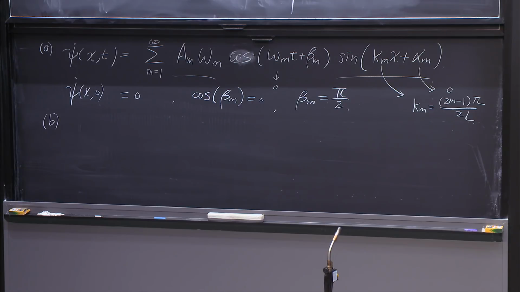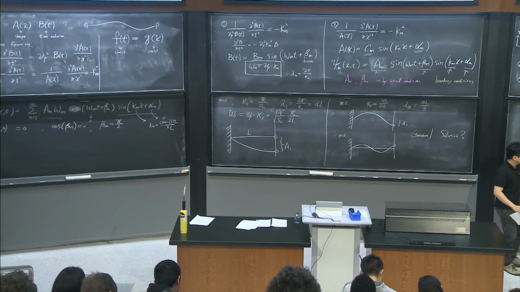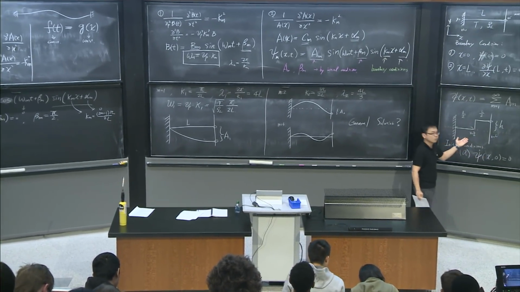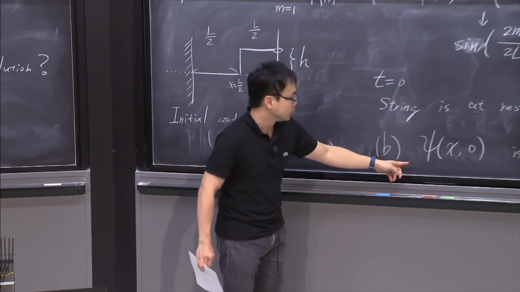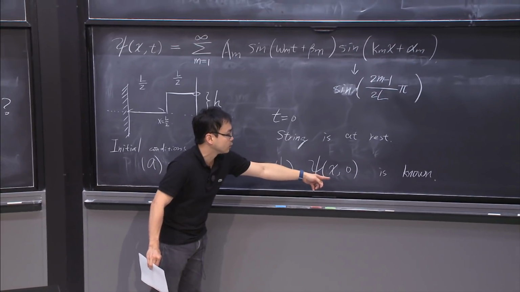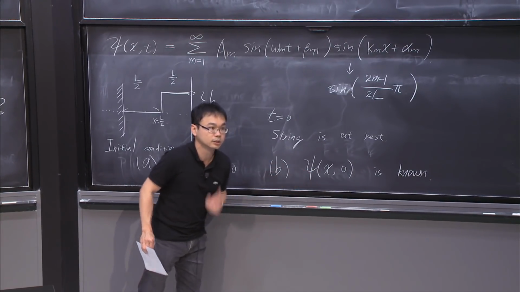The other initial condition is that I provided you the picture I took at the beginning of the experiment. Therefore, psi x0 at t equal to 0 is known.